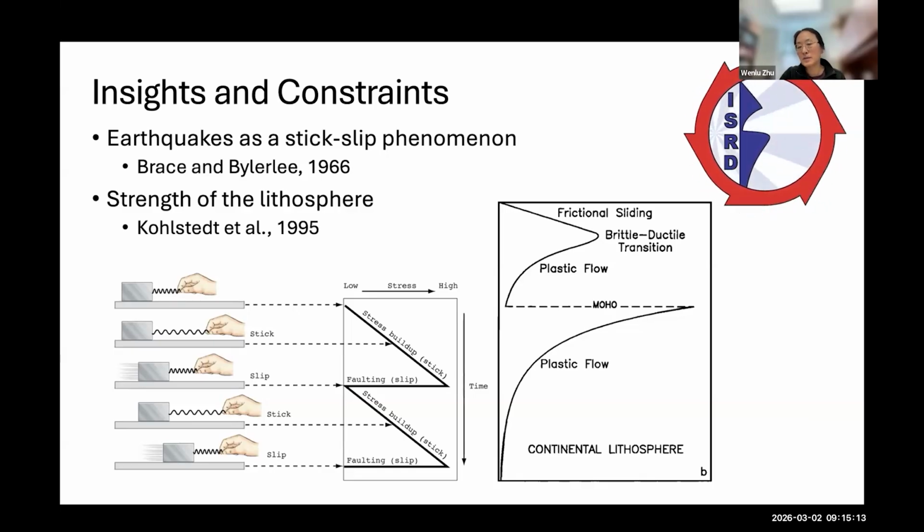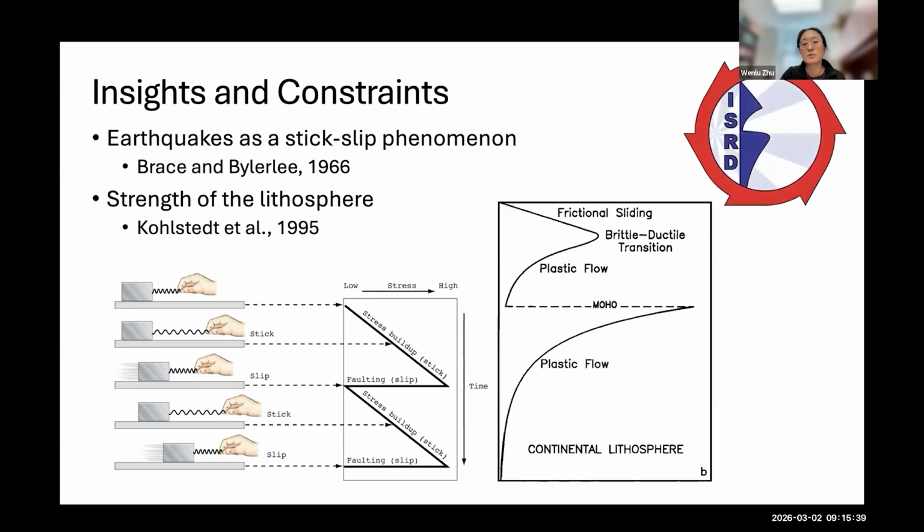Another thing that comes out of experimental rock deformation is the strength of the lithosphere. We know the mountains can stand because the Earth's outer layer can support the weight of tall mountains, but how much it can support and at what condition it yields also comes out of experimental rock deformation studies.